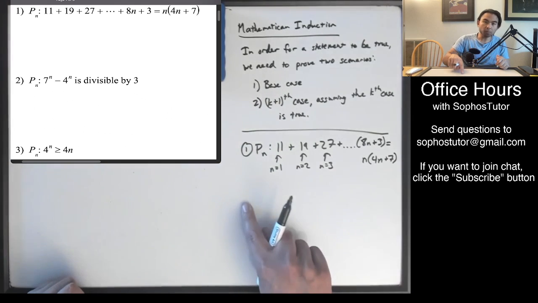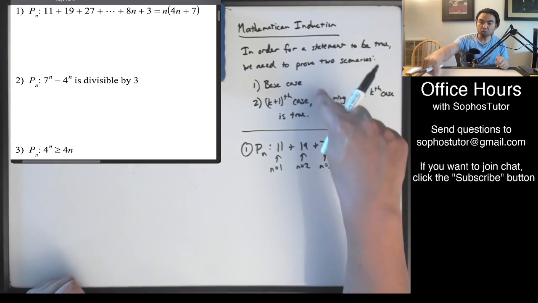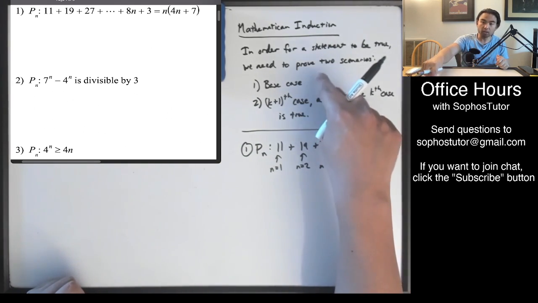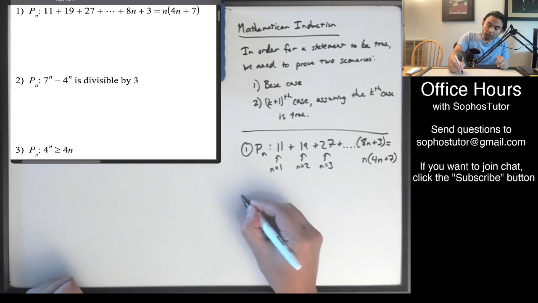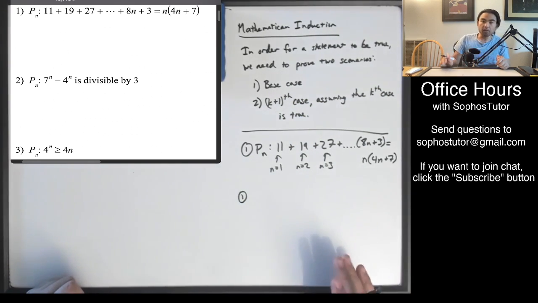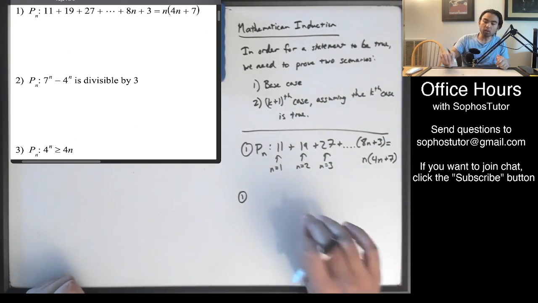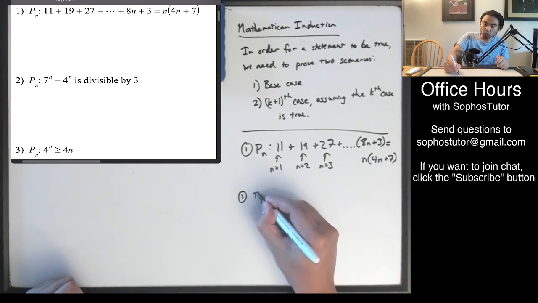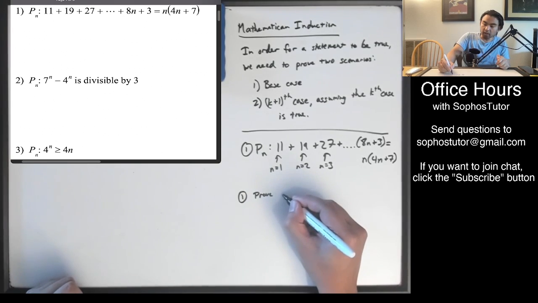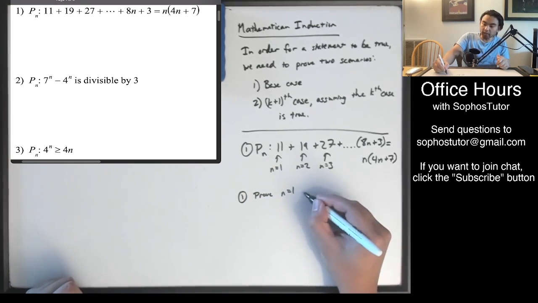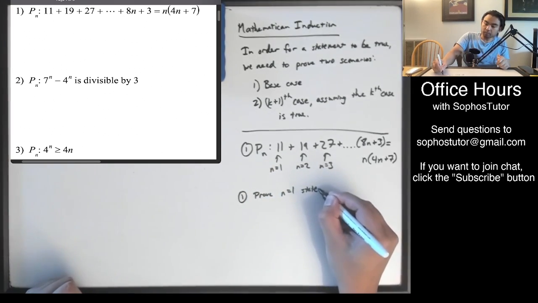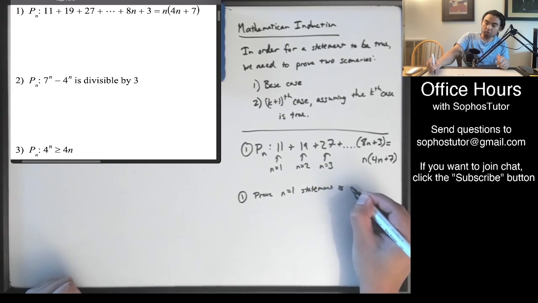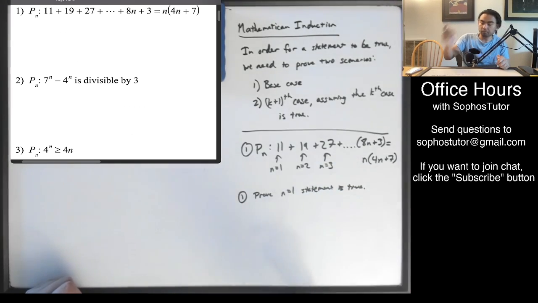So we need to now prove our two scenarios. The first scenario is the base case. So the base case consists of the lowest possible n that we could plug into this equation. In this case, n equals 1. So we first need to prove that the n equals 1 statement is true. That's our mission.